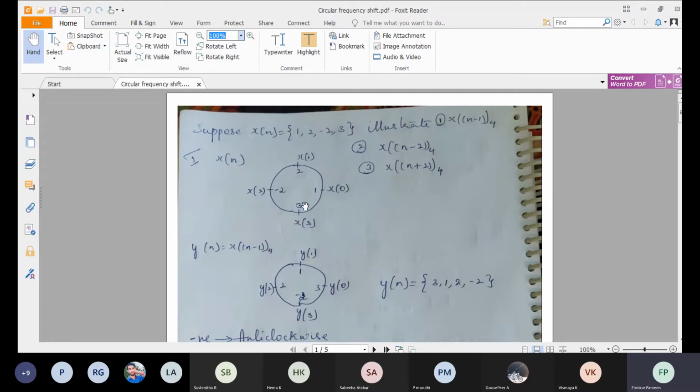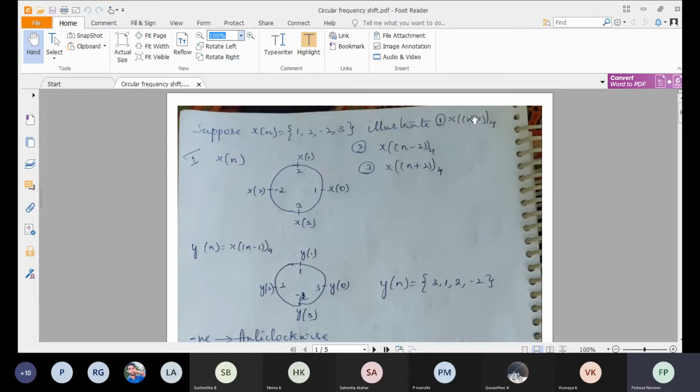Now what is the question? They have given x of n minus 1 mod 4. So they are asking us to shift the position of the given sequence by 1. Whenever it is n minus 1, you have to shift the given sequence by 1 position. If it is 2, you shift by 2.